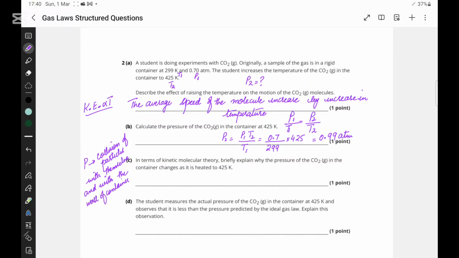So what happens there? Faster moving gas particles collide more frequently with the wall of the container, thus increasing pressure.